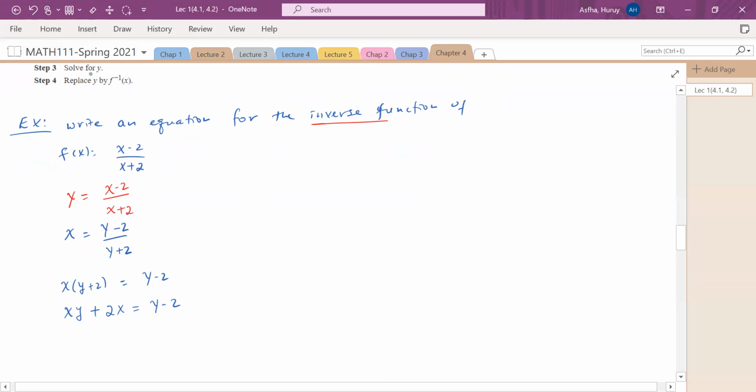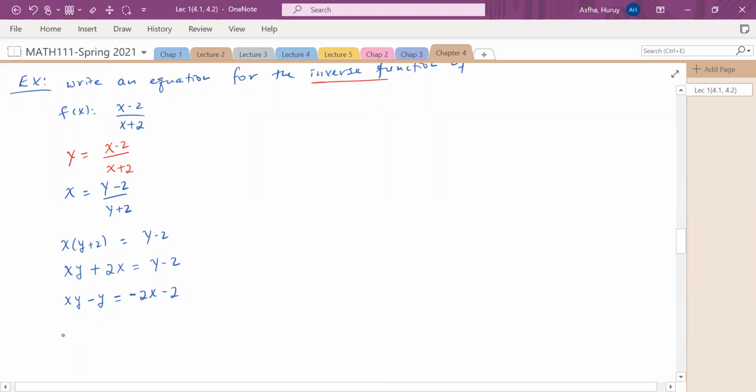So the aim is to solve for y. We have it here. Therefore, we have to bring like terms to one side. So I have xy minus y equals, I'll take this one to the other side, minus 2x minus 2.